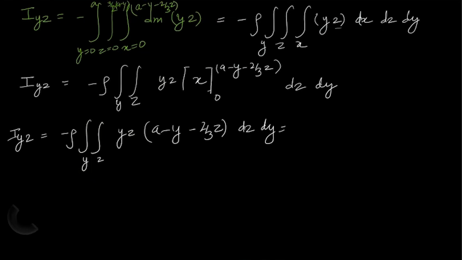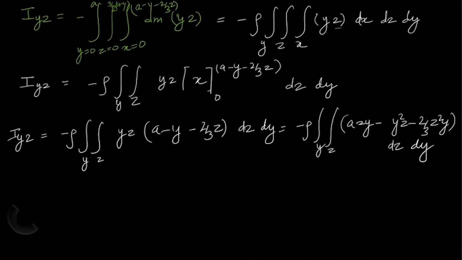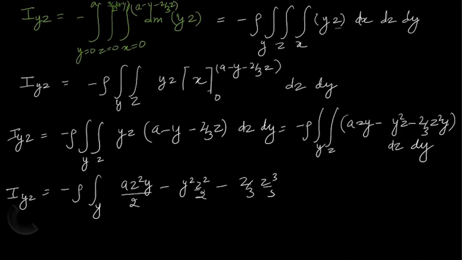So let's multiply to minus rho yz integrals. So this is a yz and this is y square z and minus 2 over 3 z square y and then dz dy. So let's integrate with respect to z now. This minus rho, this is a z square over 2 y minus y square z square over 2 minus 2 over 3 z cube over 3 y and then dy.